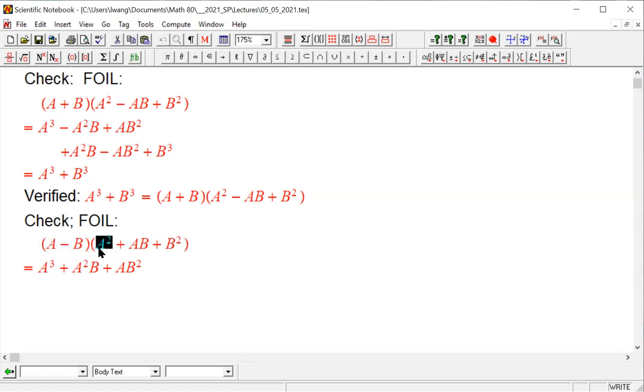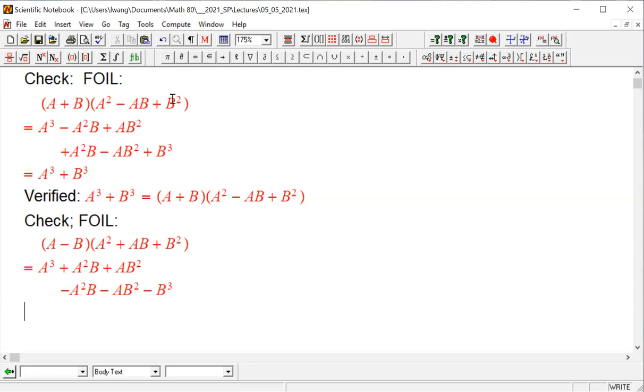That's going to give us negative a squared b. And negative b multiply a times b, that's going to be minus ab squared. Negative b multiply b squared, that's going to be minus b to the power 3.